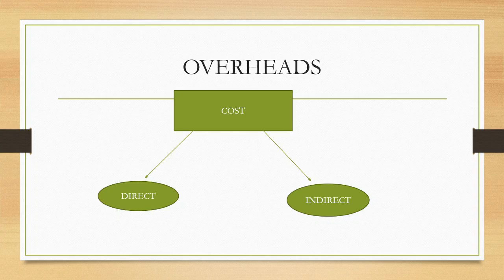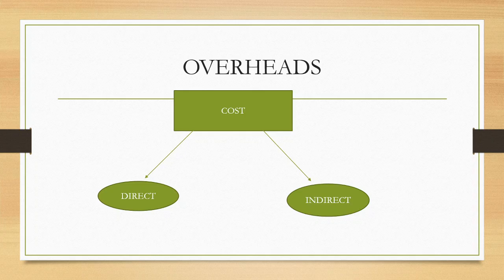And there are some costs which cannot be directly identified with a particular product or services. These costs cannot be easily or economically traced to a particular output. For example, the power expenses. These expenses cannot be directly identified with the product in an economical way. So these indirect costs are known as overheads, and it's also known as on cost or burden or non-productive cost.